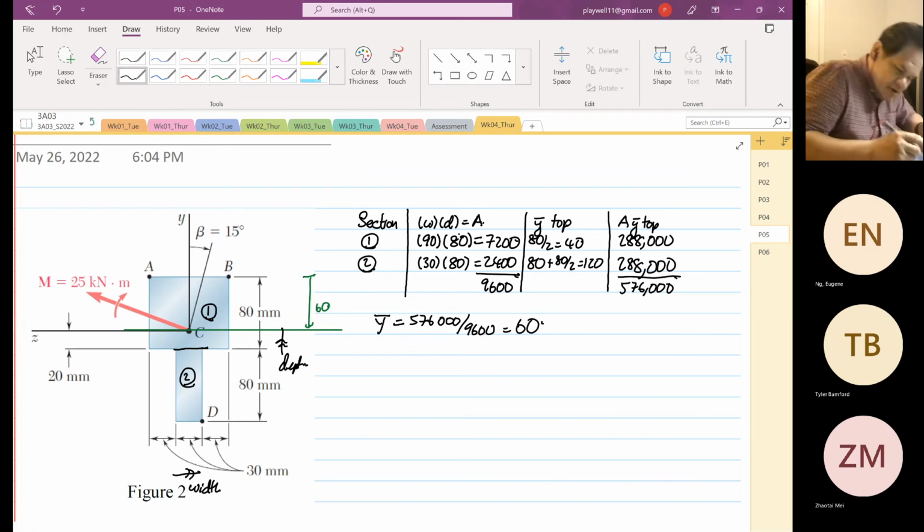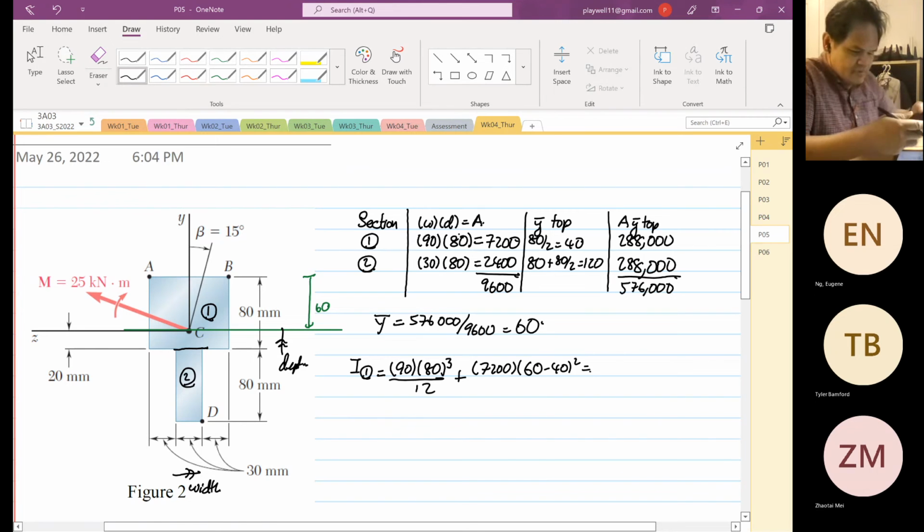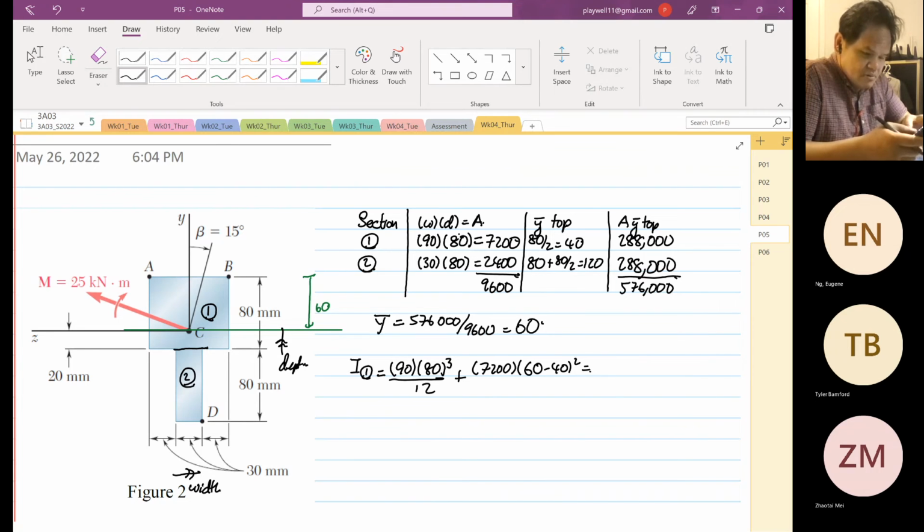From here, you do your I of 1: 90 times 80 cubed over 12, plus 7200 times (60 minus 40) squared. That's why using this technique that I've taught you, you never get it wrong. It's only when students don't use it that you can get it wrong.